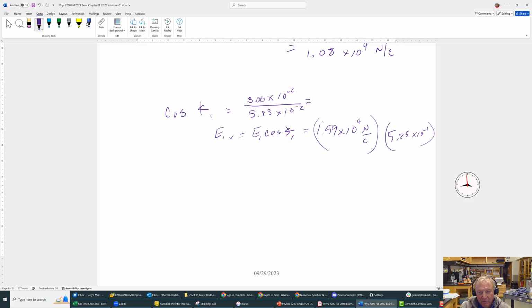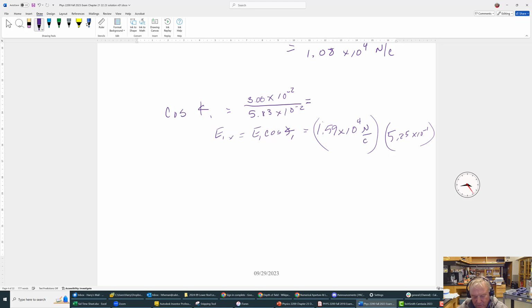And so, enter 1.59 e to the fourth. Oh boy. A mess going on here.